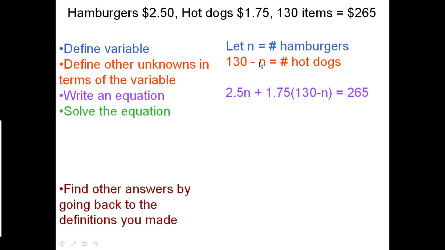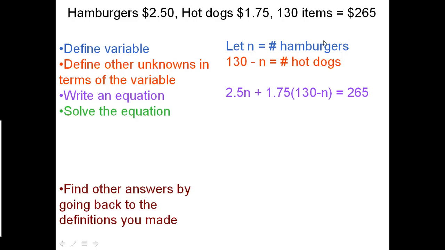Similarly, I take the dollar amount for one hot dog, $1.75, times the number of hot dogs right here, and that's going to give me the dollar value for all the hot dogs. So if I add the dollar amount for all the hamburgers plus the dollar amount for all the hot dogs, that's going to give me the total take for these hot dogs and hamburgers, $265, that I'm told in the problem they add up to.